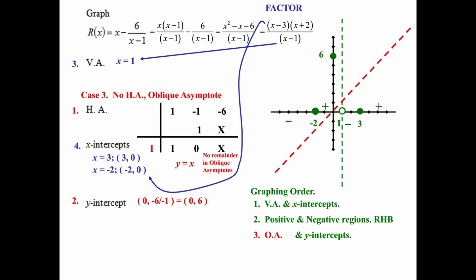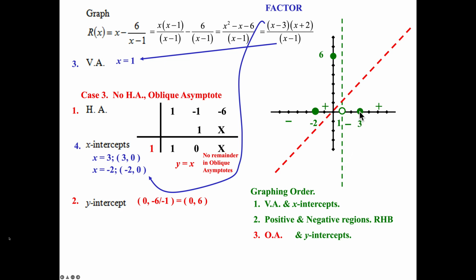So now with all my bits and pieces plotted, we can make the graph. So again, as I mentioned, I like to start over here on the right with my right-hand behavior. From 3 to 1, for my x's, I have to have negative y. So we're going down next to that vertical asymptote right there.